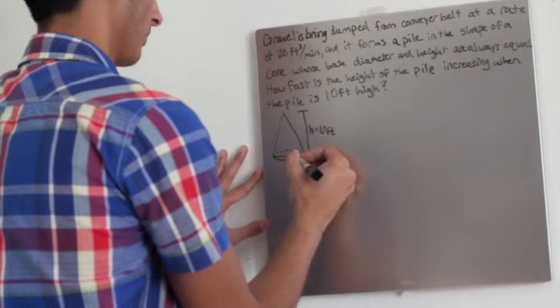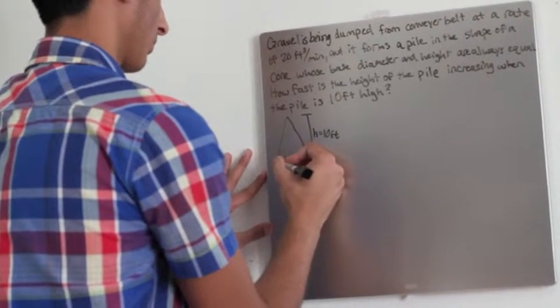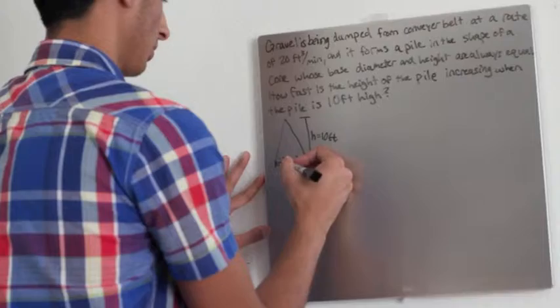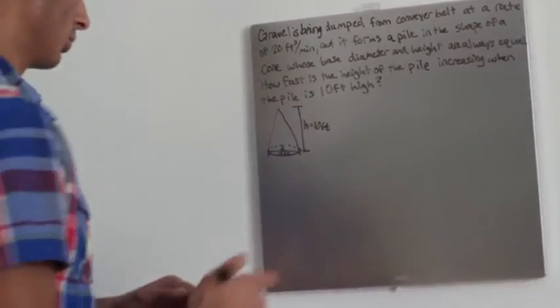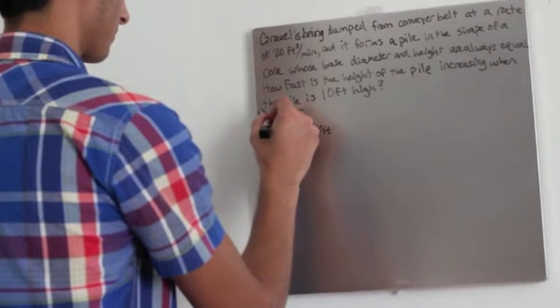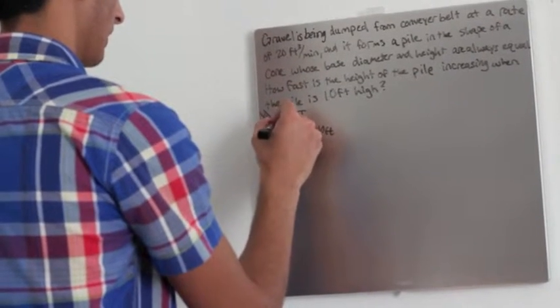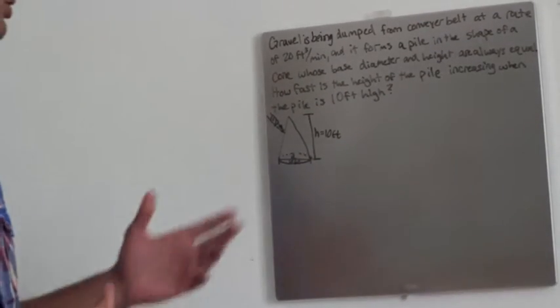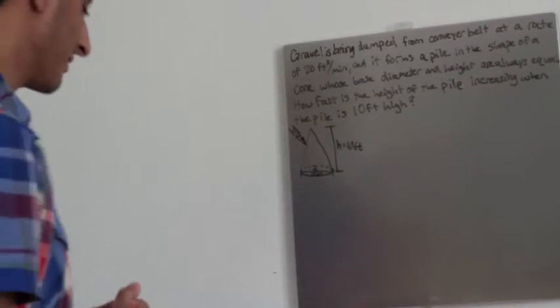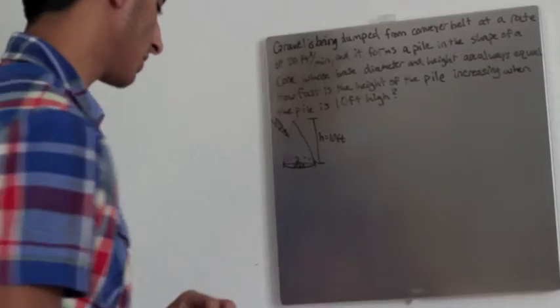And our diameter also equals 10 feet. And so we have a conveyor belt that's dumping stuff into this cone. And so we want to write down our given quantities.